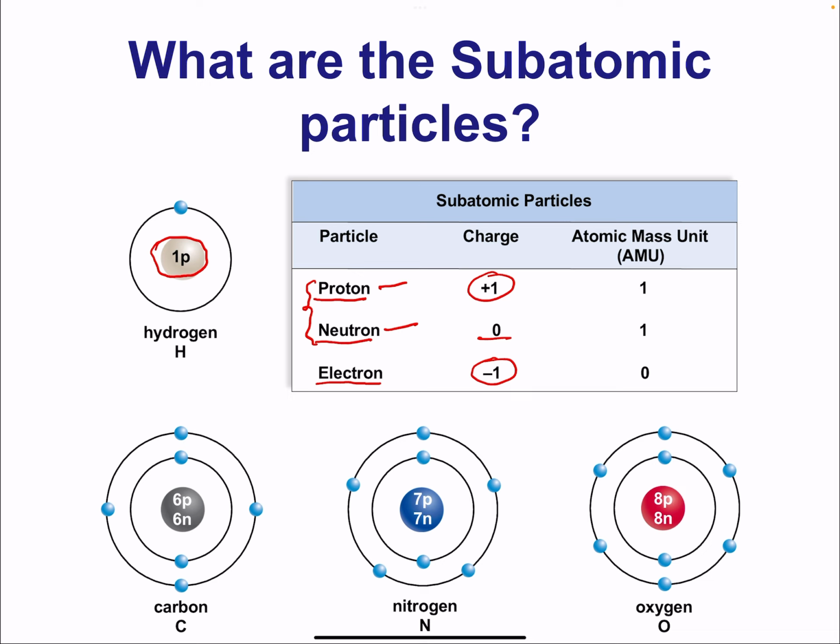Now, based on the element, the number of electron shells is going to vary, right? For instance, oxygen has only one electron shell, while carbon has two electron shells. So we have one here and the second one here.